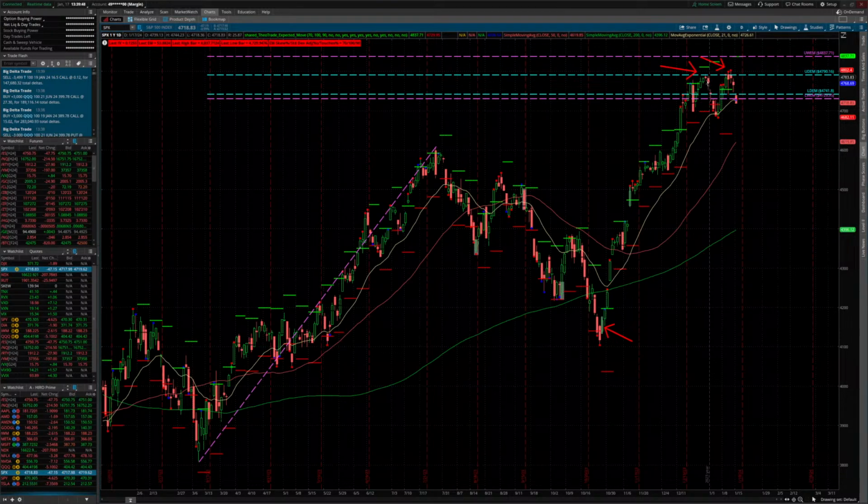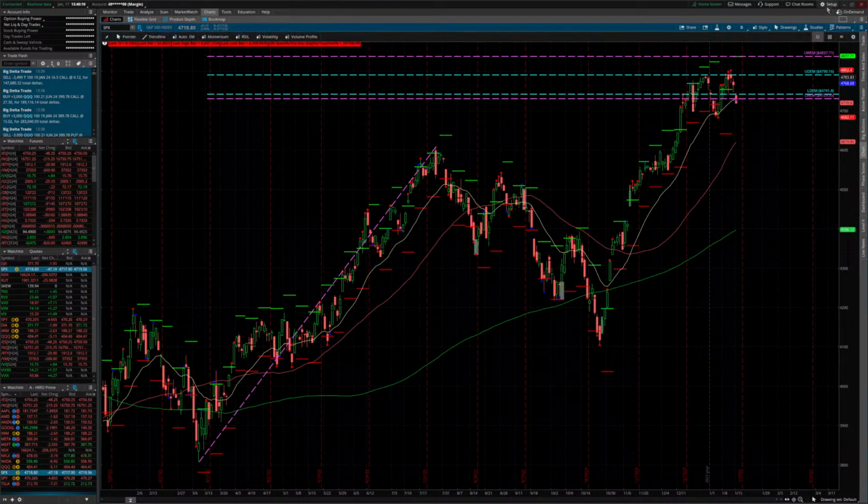So this first push higher reversed lower just a little bit below 4,800, and then this most recent push last week reversed lower just above 4,800. So 4,800 is the key resistance level.